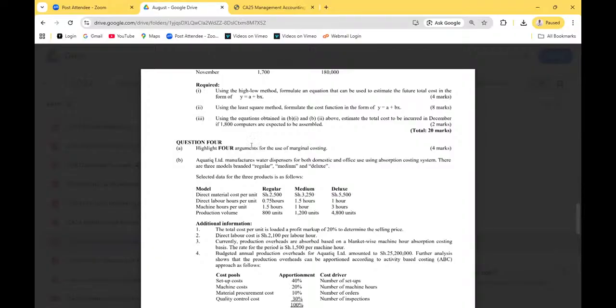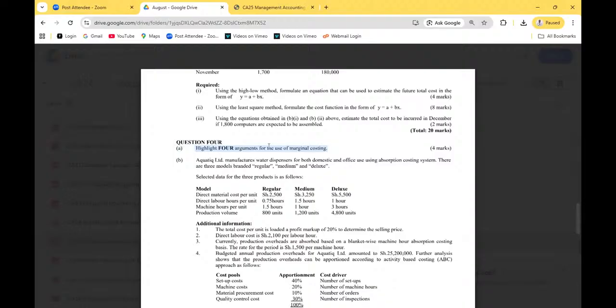And of course, sometimes they can tell you the arguments against. So the arguments against is basically reversing what supports the absorption costing. One of them, it cannot be used when you prepare published financial statements. The evaluation of inventory is done using absorption costing, including the fixed cost.